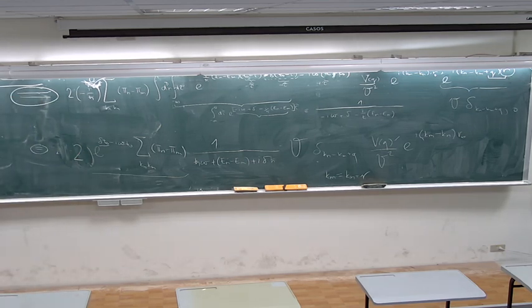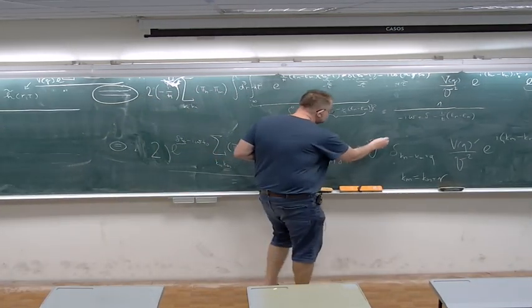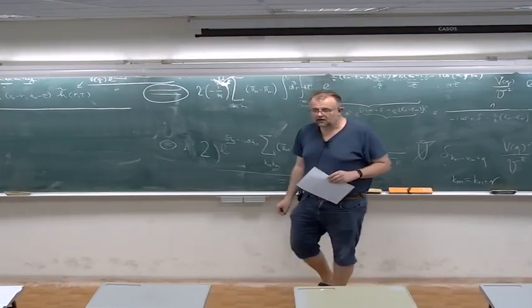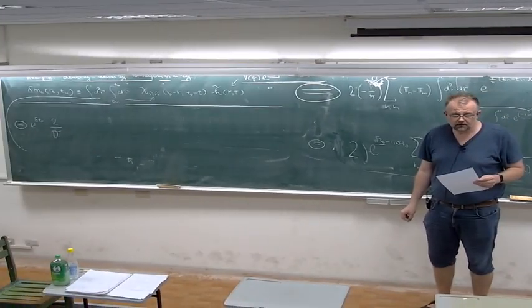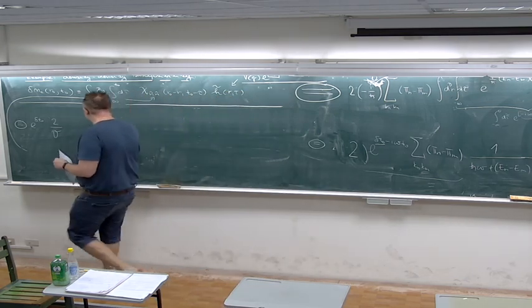Good. And then I have 2 divided by volume. So 2 is from here, right? And one volume here is canceling the other volume, so only one volume survives. Okay? Good? And now what remains is the summation over Kn.